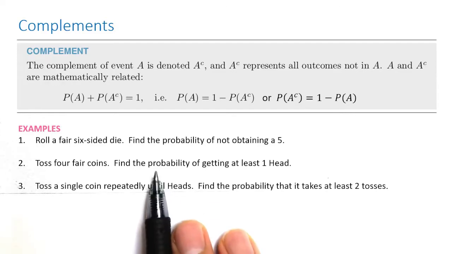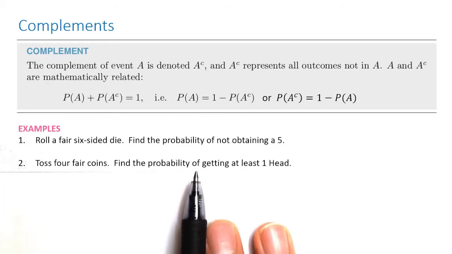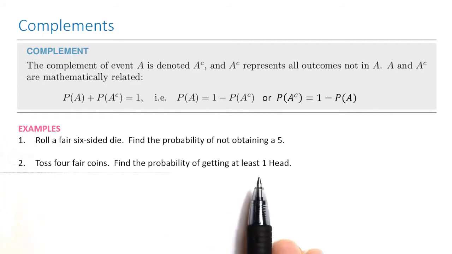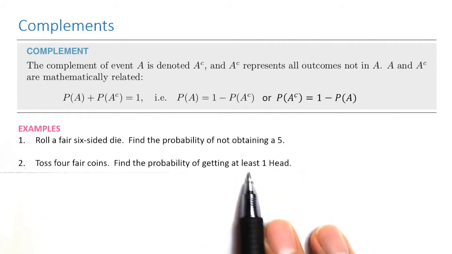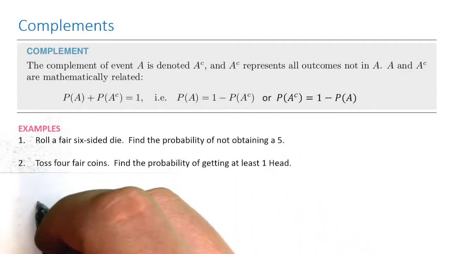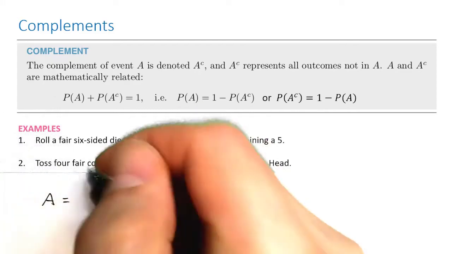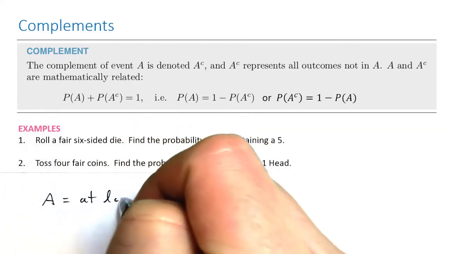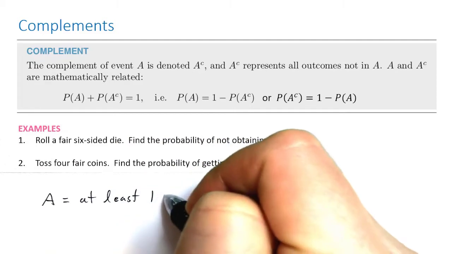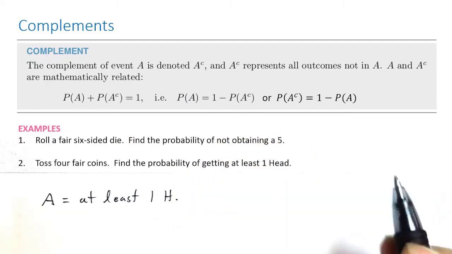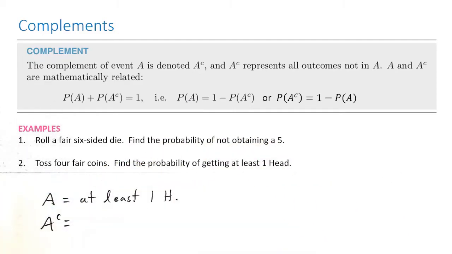There are lots and lots of different ways to do that. So instead of trying to find that probability directly, we'll compute the probability of the complement of this event. All right, so let A be at least 1 head. What's the complement of this event?